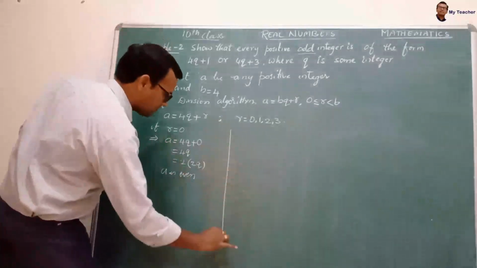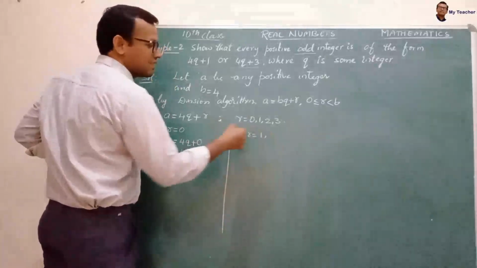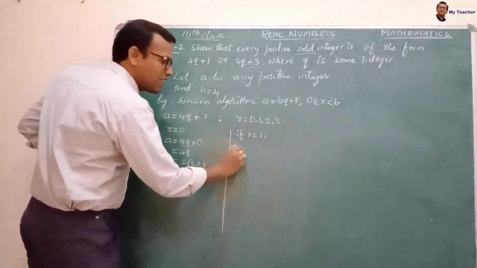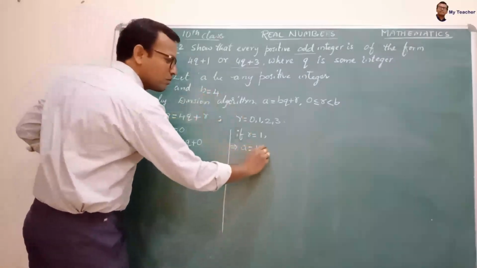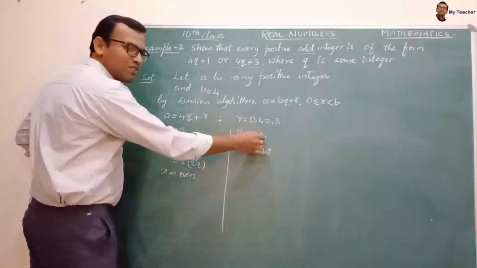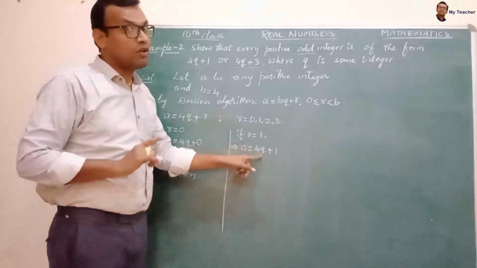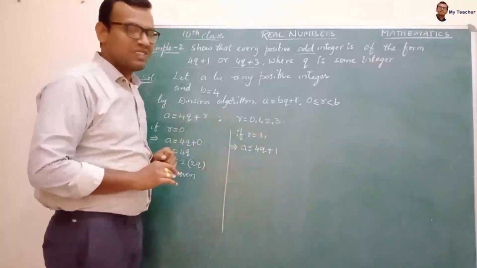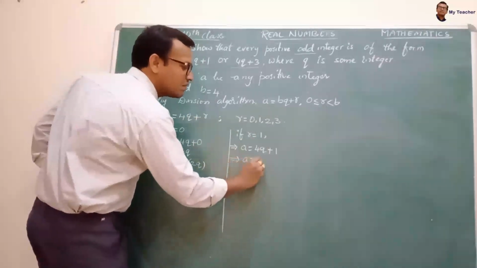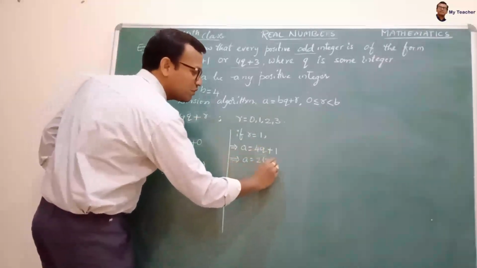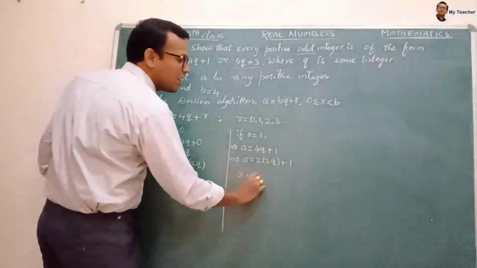But if r is equal to 1, then what will be the a value? a is equal to 4q plus r, value is how much? 1. Now, is this divisible by 2? No, it is not. That means it is leaving remainder 1. How? See here. a is equal to, 2 2s are 4q, but 1 is the remainder. a is odd.